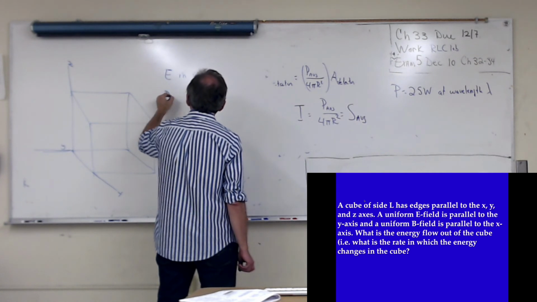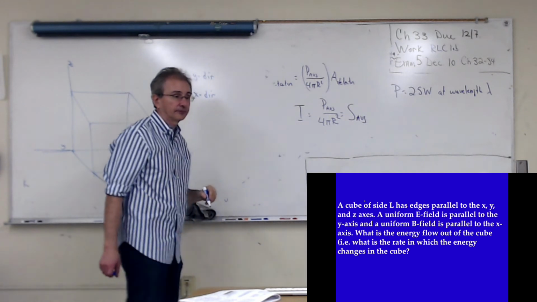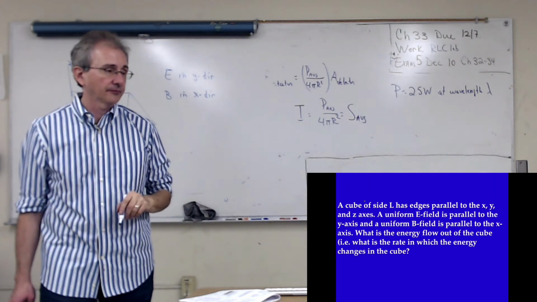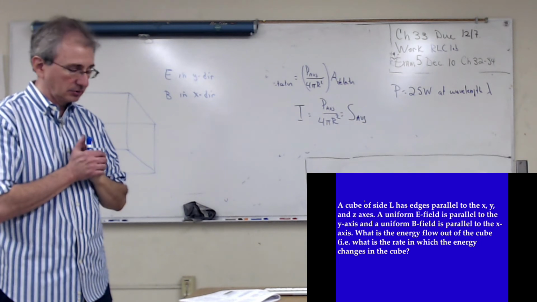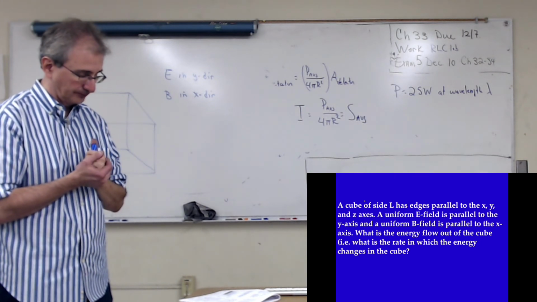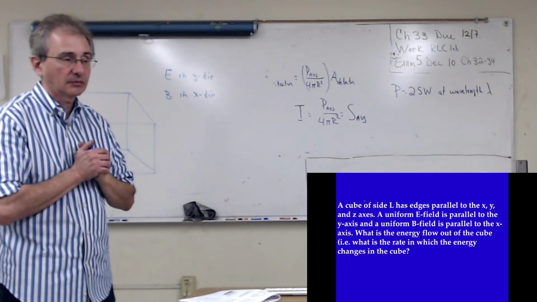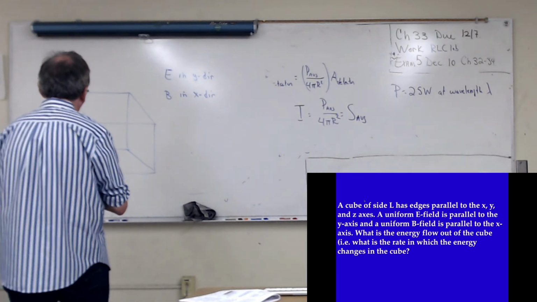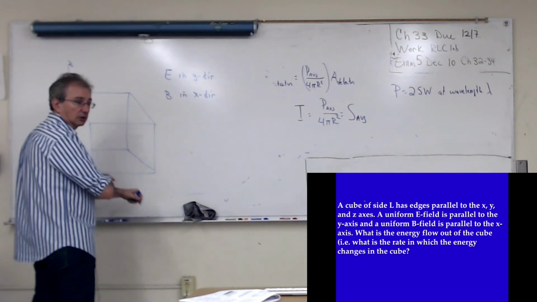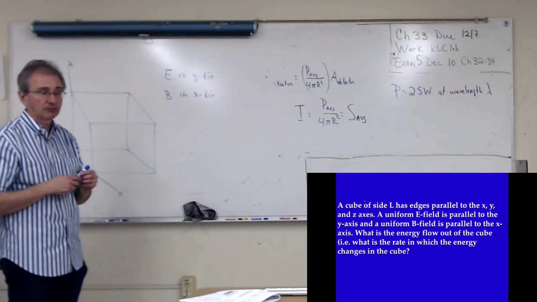The magnetic field is in the x direction. What is the energy flow out of the cube? What is the total energy flow through this cube? The field is uniform.